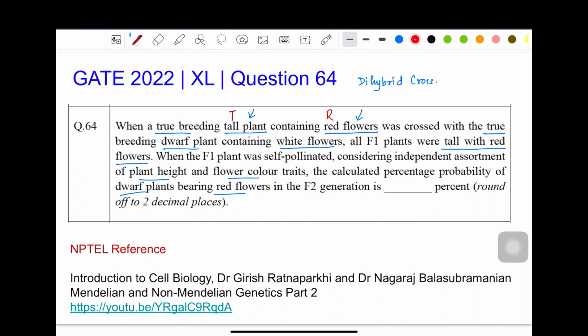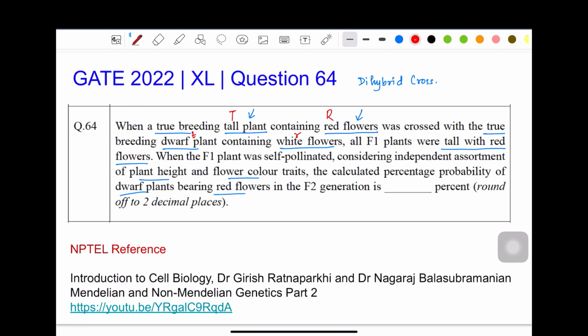So tall is dominant over dwarf, which is why dwarf is small t, and red is dominant over white, so white is small r. So these are the characters.